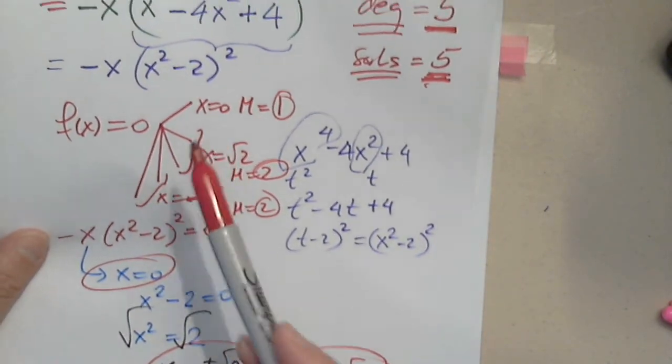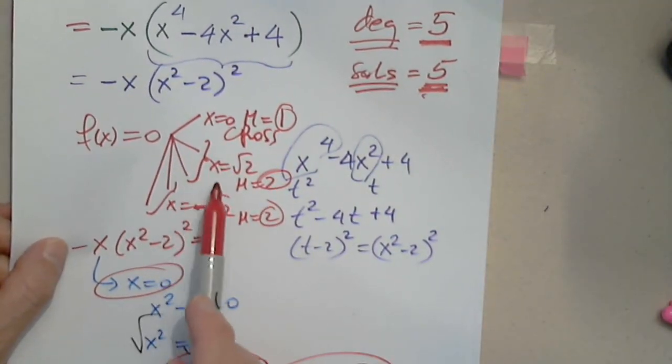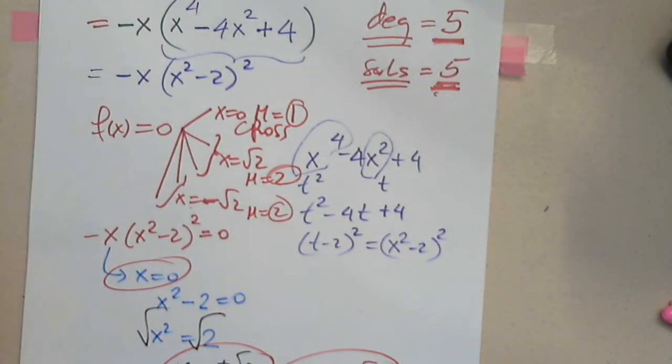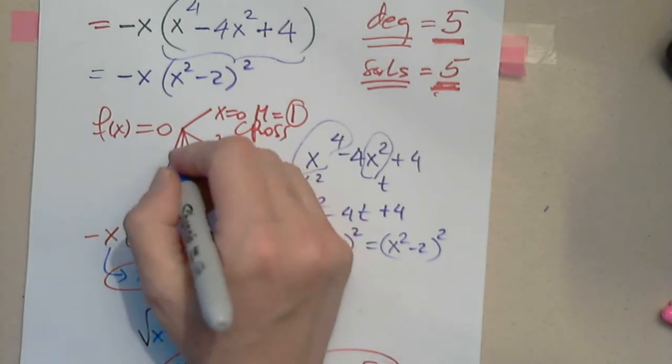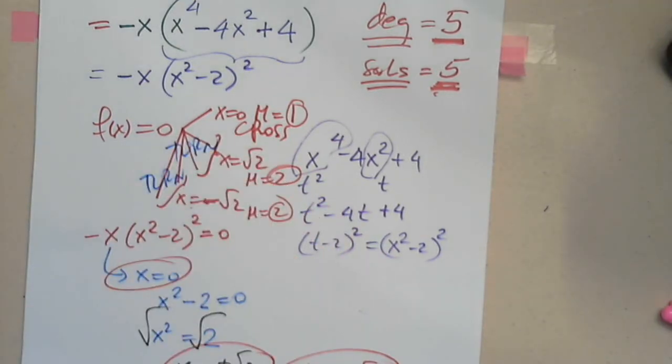So this will be a cross. What will these 2 be when x equals the square root of 2? The square root of 2 comma 0 and negative the square root of 2 comma 0. What will these be? Turn. Yes. These 2 are turns. This is a regular cross.